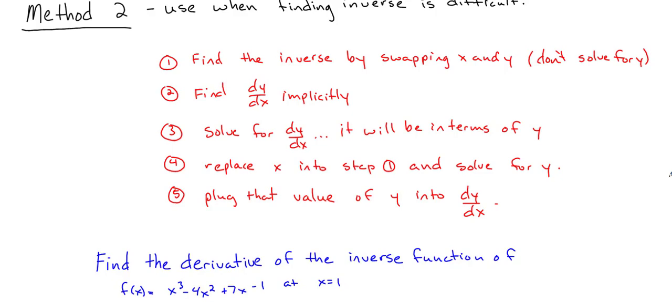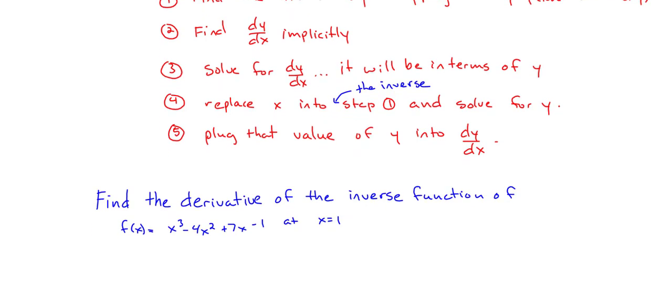Step 4, replace x into the inverse in step 1 and solve for y. Step 5, plug that y value into dy dx. Why are we plugging that y value into dy dx? We good? Move on a little bit?